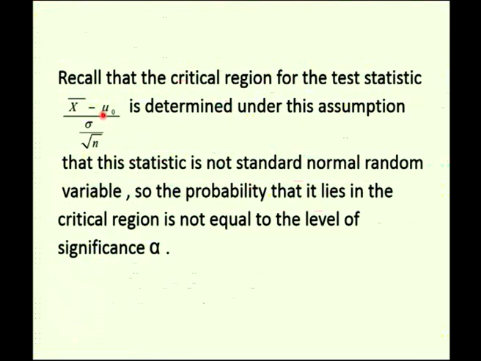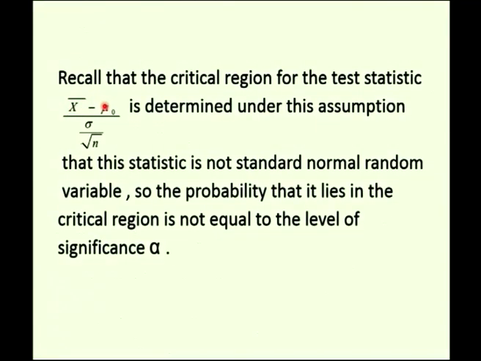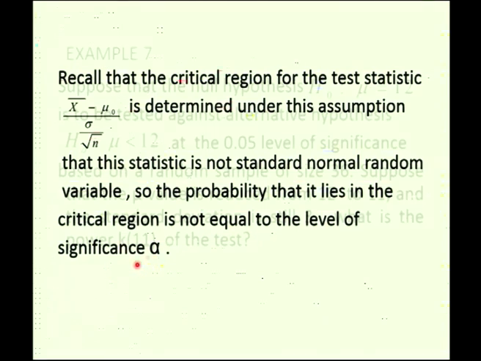For the parameter mu, the corresponding sample statistic is x bar, and the corresponding standard normal variable is x bar minus mu naught divided by sigma by root n, determined under this assumption. Under mu 1, this statistic is not a standard normal random variable. So the probability that it lies in the critical region is not equal to alpha, that is, it is not the probability of type 1 error.